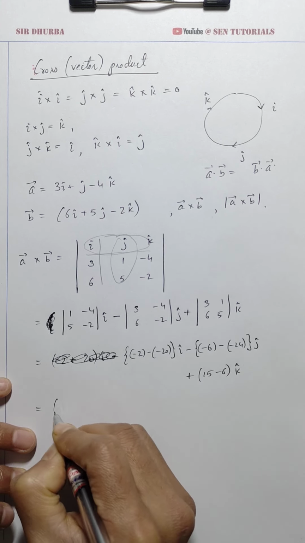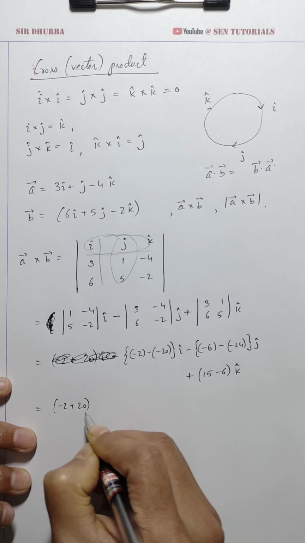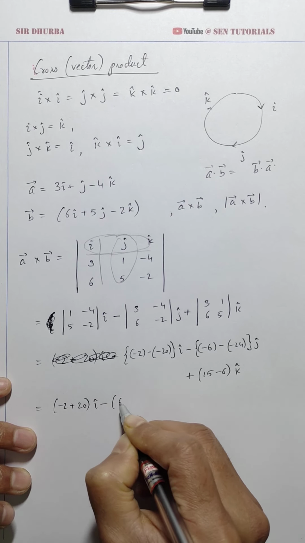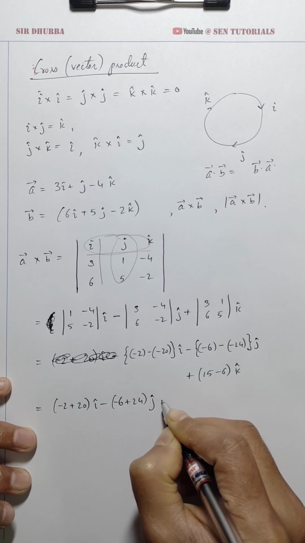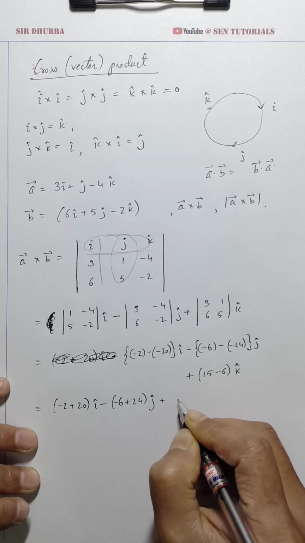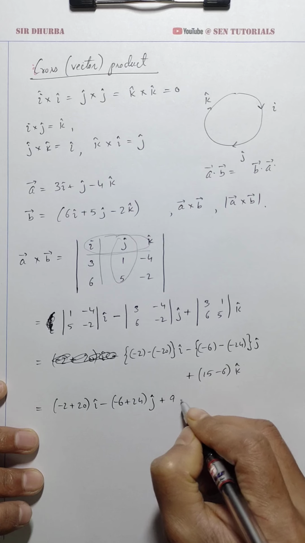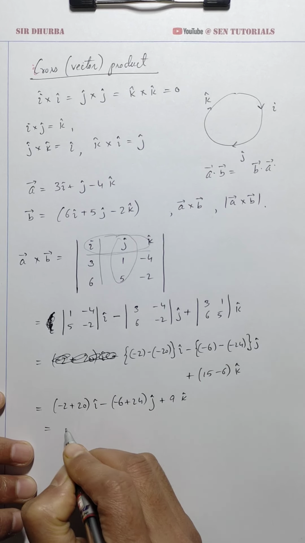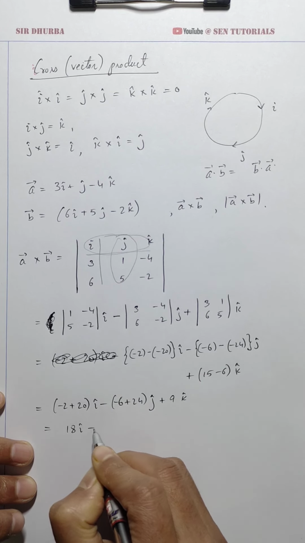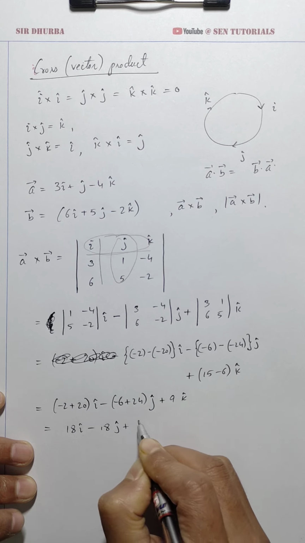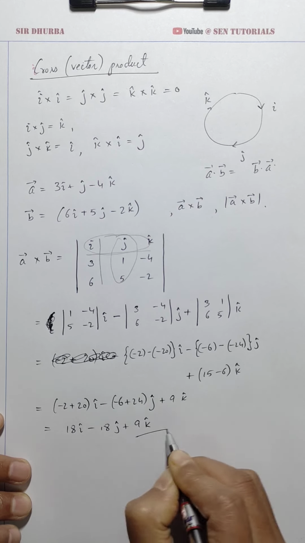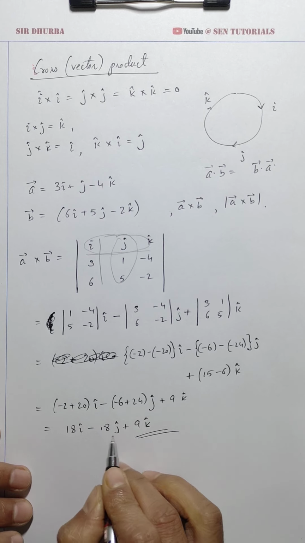So the value will be minus 2 plus 20 i cap, minus minus 6 plus 24 j cap, plus 15 minus 6, that is 9 k. So that will be 18 i cap minus 18 j plus 9 k cap.